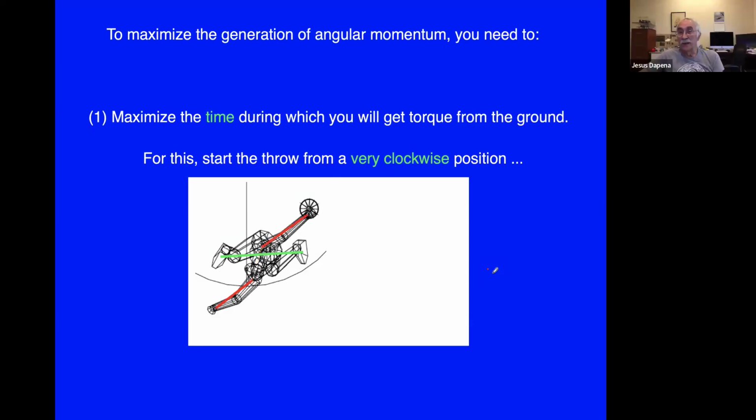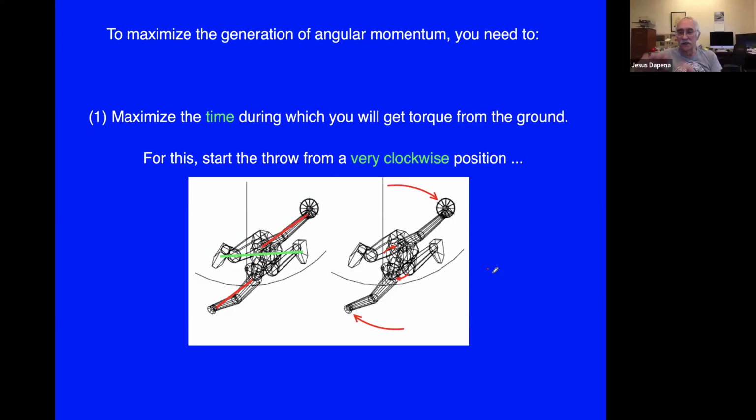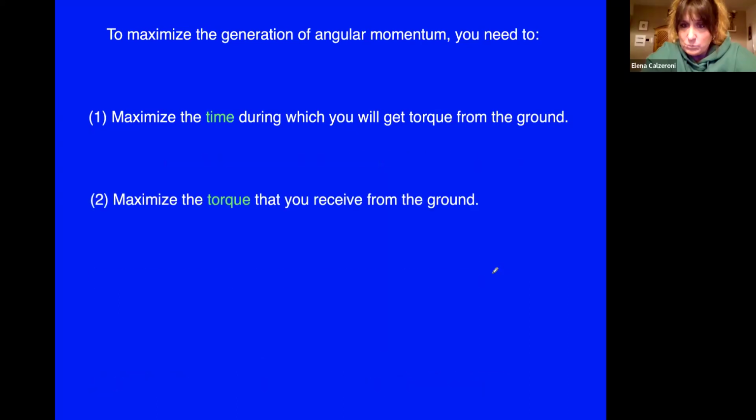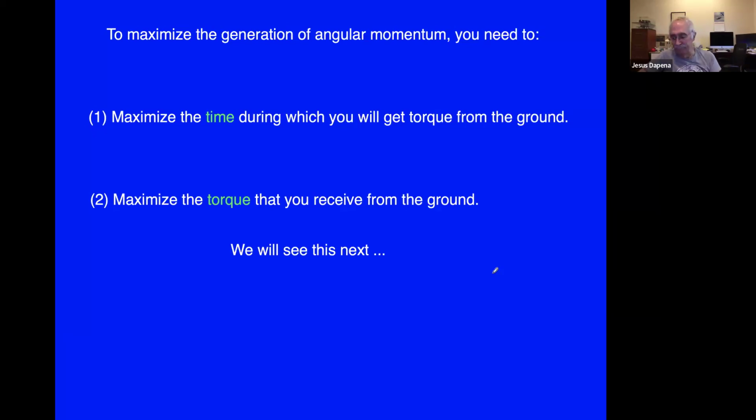Okay, so basically what you're doing is you're making your upper body be very, very clockwise relative to the feet. So this will give you more time to generate angular momentum. But the other thing you have to maximize is not only the time, but the torque that you receive from the ground. So we will see this next.